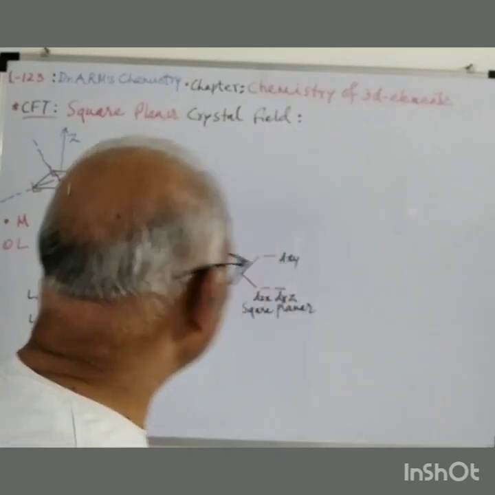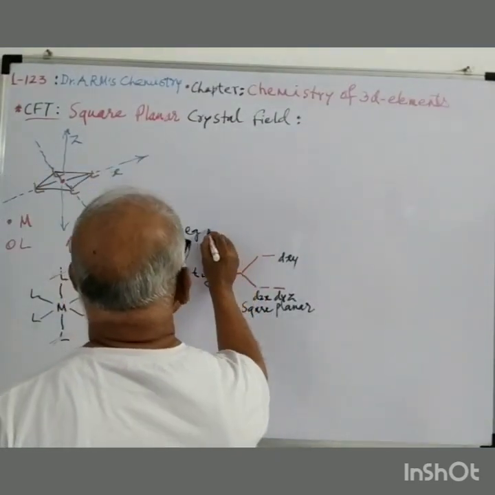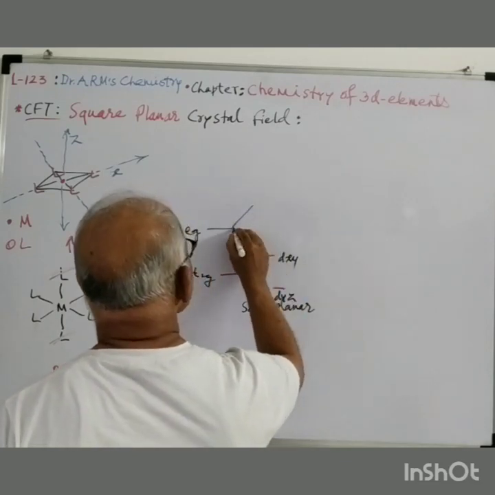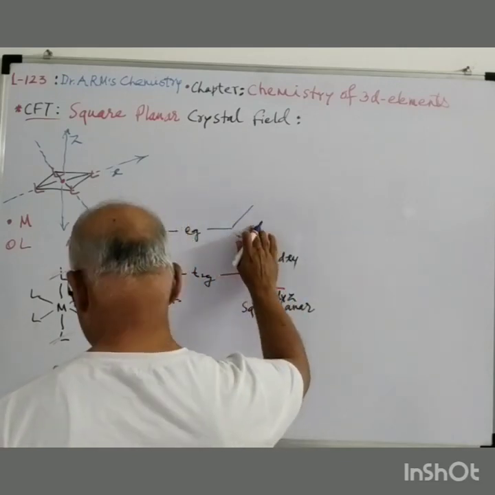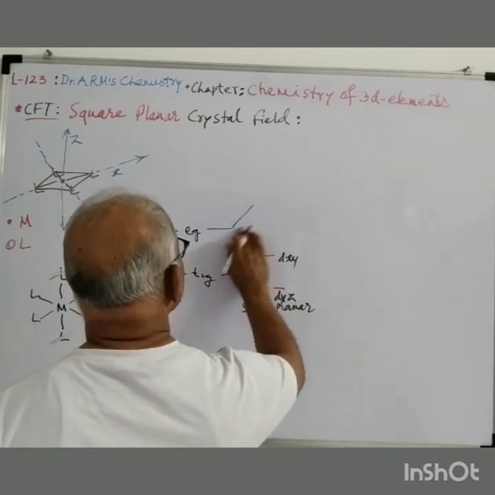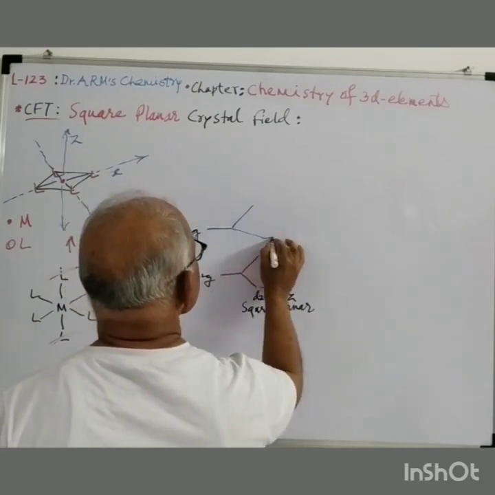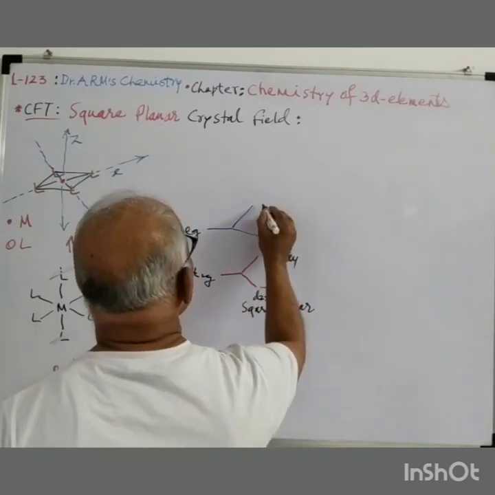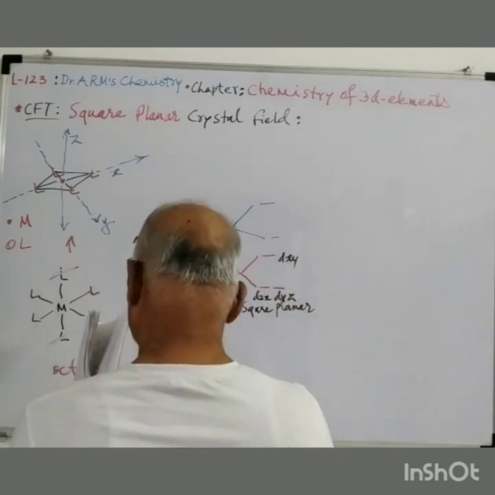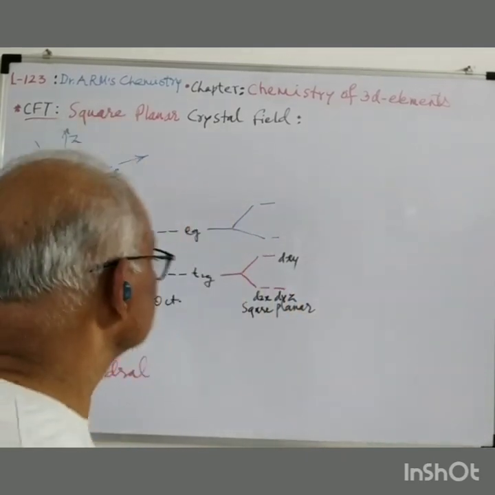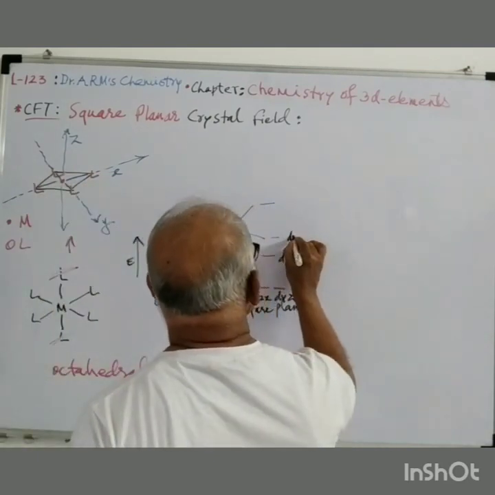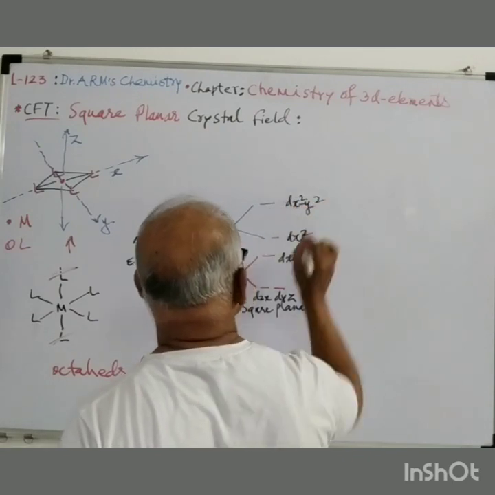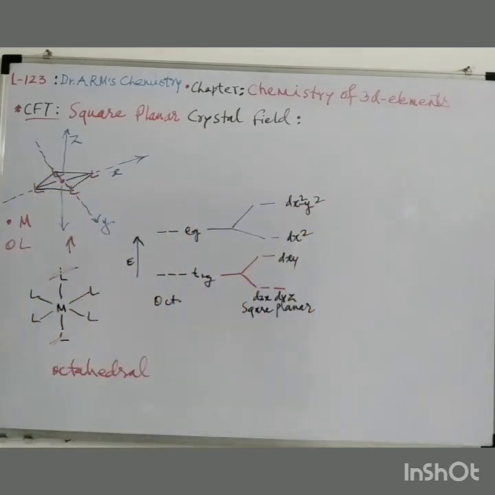Then the eg set is also divided into two, where the energies are lowered in this way. This is dz2 and this is dx2 minus y2.